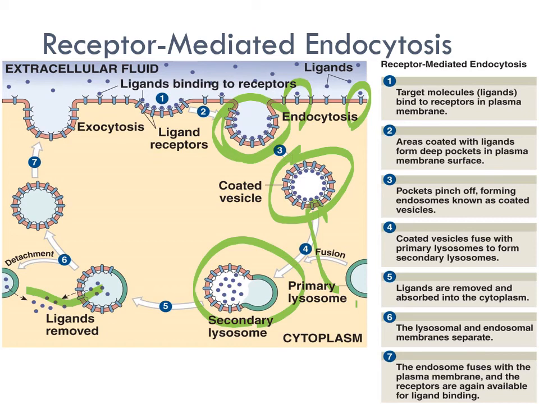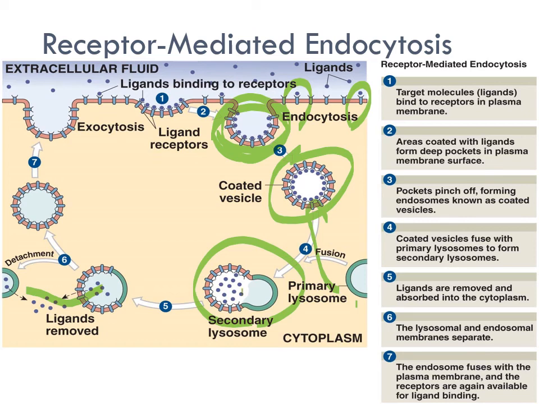So say we needed, I'm not even sure, I don't want to make something up here, but substance A. Okay, so we need substance A in our cell to make our cell function. So these receptors would be substance A receptors. When enough of them bind, it creates this vesicle.